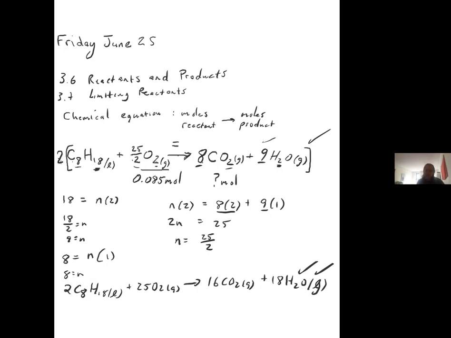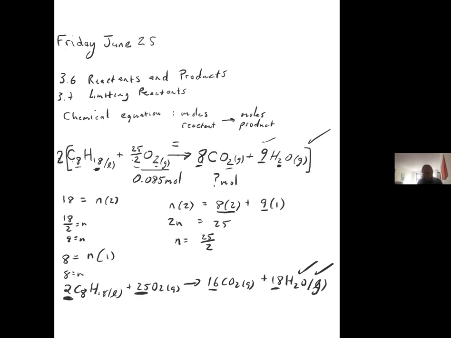Now here's essentially the idea. Those coefficients are telling you the ratios of everything in the reaction. So this is where you get all these sort of analogies, right? Like sandwiches or cakes or factories and things like that. What this is telling you is that 2 of these particles is reacting with 25 of those.